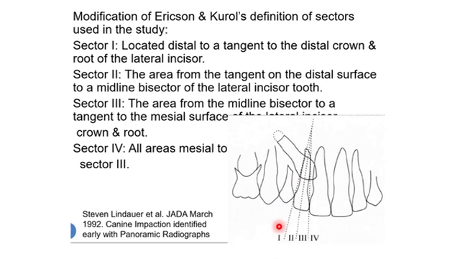This is sector number 1, while sector number 2 is located from the tangents of the distal surface of the lateral incisors to the midline bisector of the lateral incisors, while sector number 3 is located between the midline bisector of the lateral incisors and the tangents of the medial aspect of the lateral incisors, while sector number 4 is all the area medial to it, which is medial to the tangents of the medial aspect of the lateral incisors, which is the medial area to sector number 3.